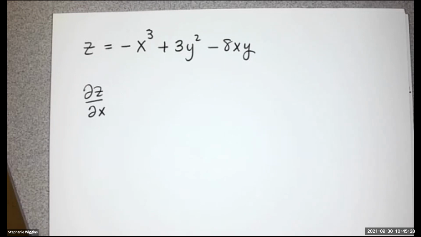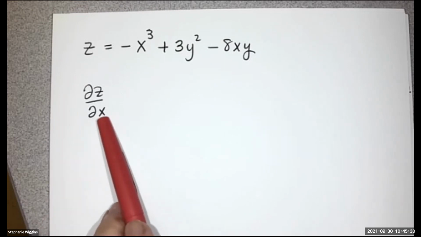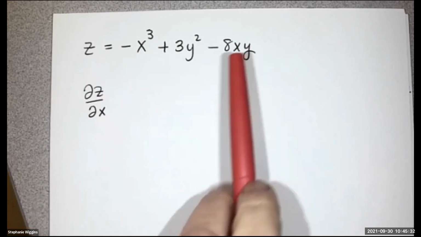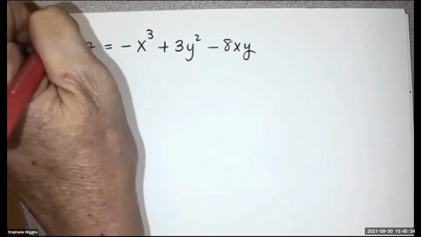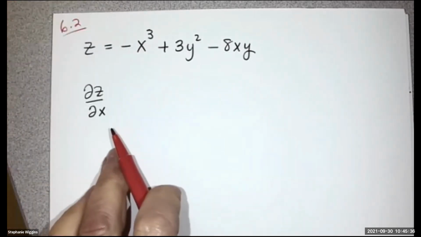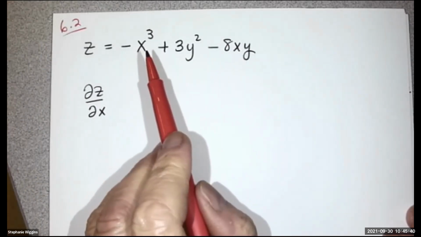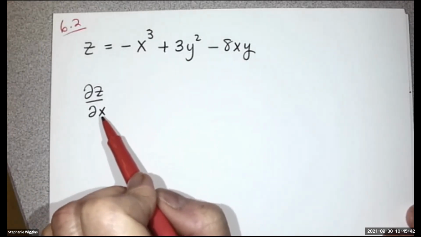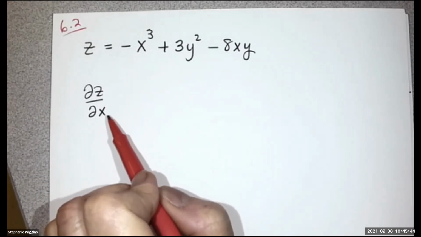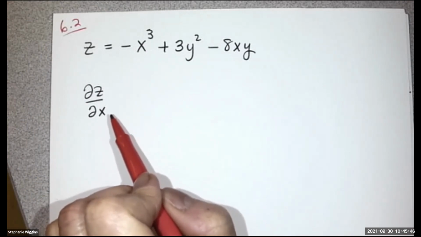When you differentiate with respect to x on these partial derivatives, this, by the way, is section 6.2, go ahead and highlight your constants in red. We're differentiating with respect to x, which means y is held constant.